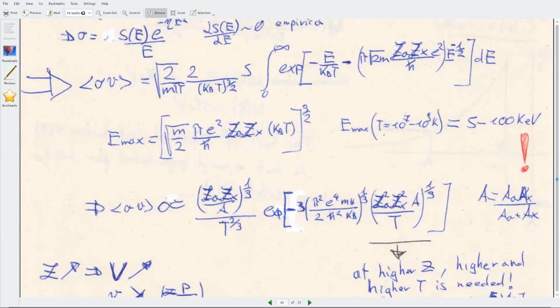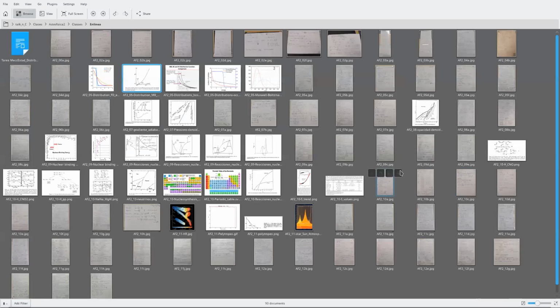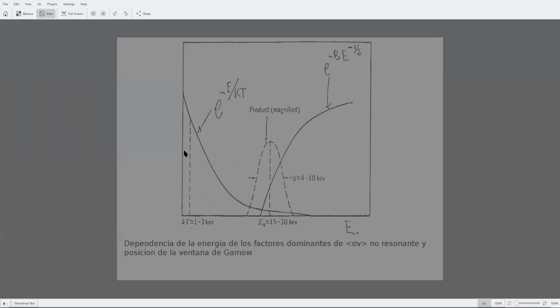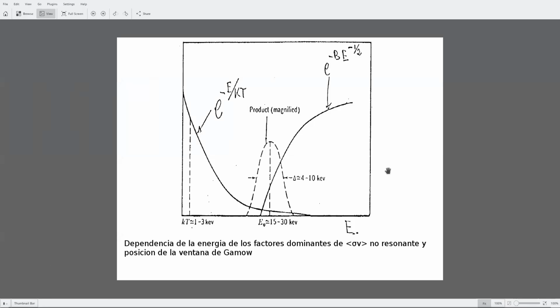Let's see, I show you. It is here, the exponential from Maxwell-Boltzmann for the transmission. And you have this product that is a semi-Gaussian shape.